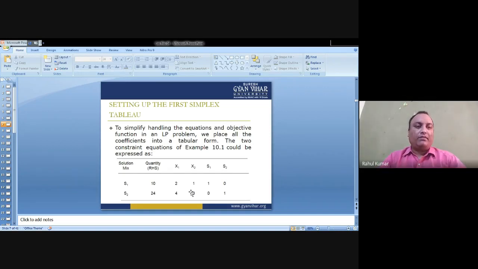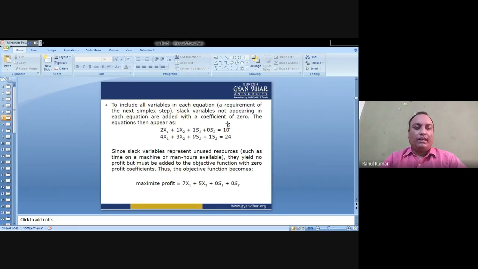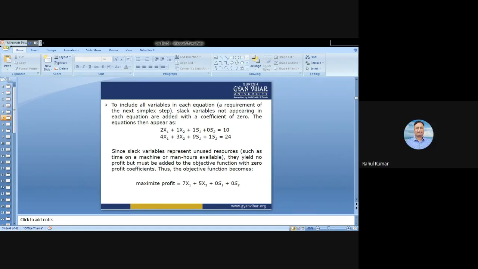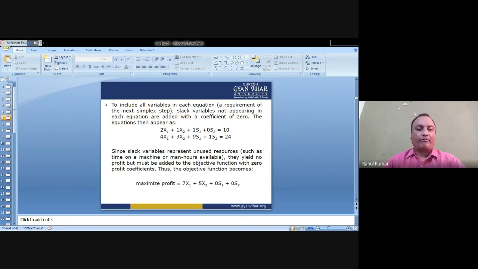This is the first simplex tabulation for the quantity in RHS. What is the RHS value here? 10 and 24. Here the RHS value is equal to 0, right?